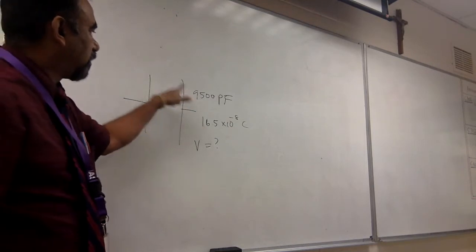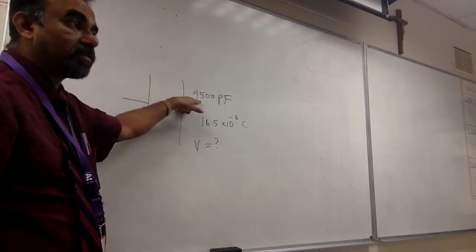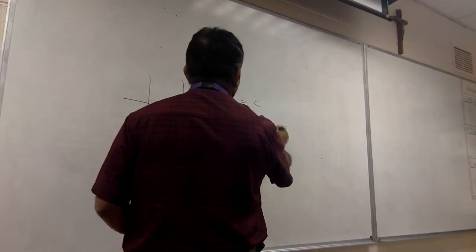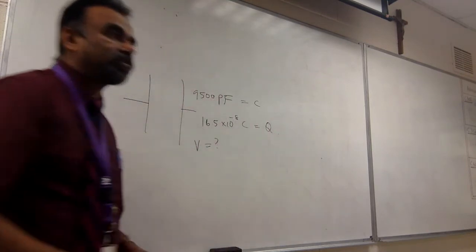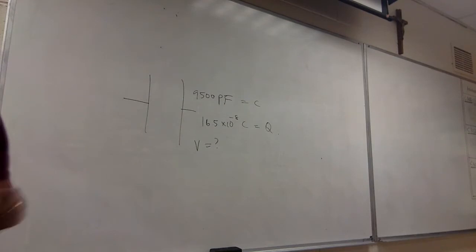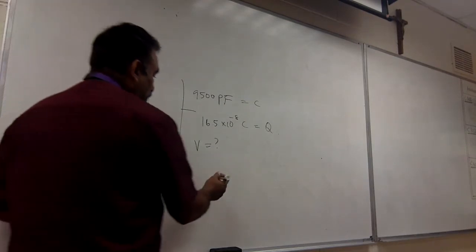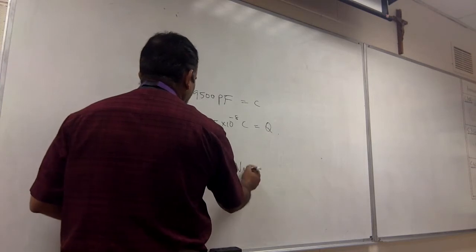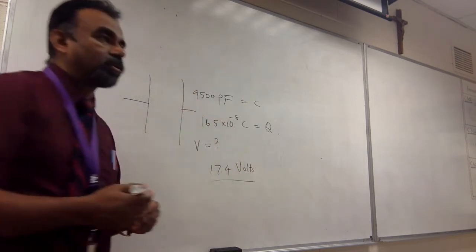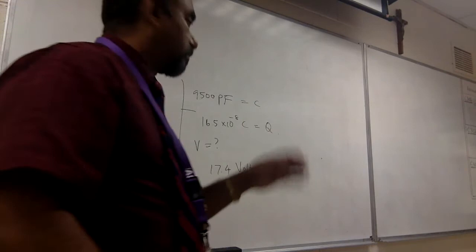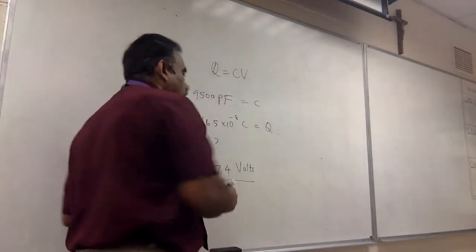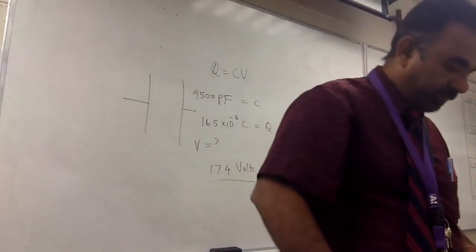That's a charge sitting on it. This is the capacitance, and that is the charge. They're asking for V. That should be straightforward. The answer is 17.37. The simple equation Q is equal to CV will take you there.